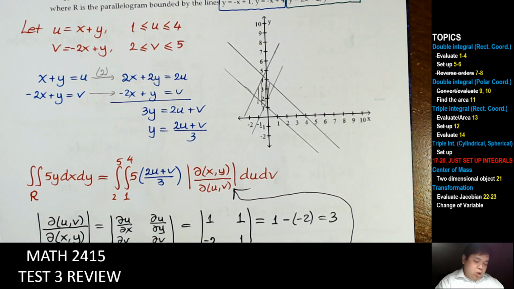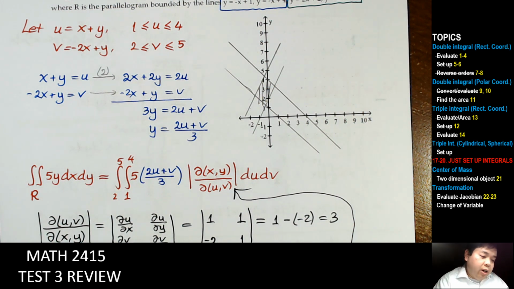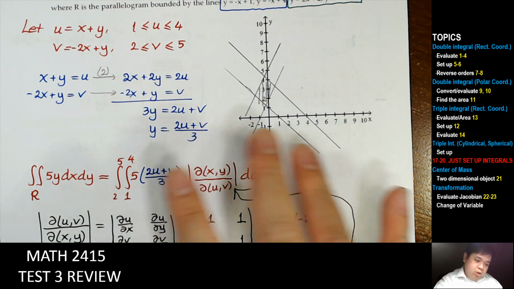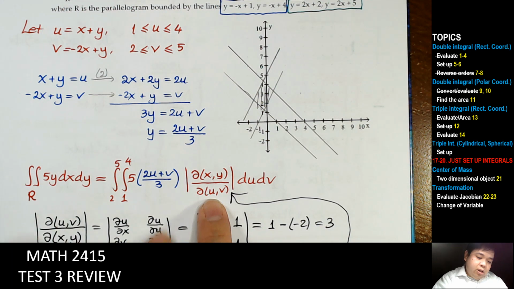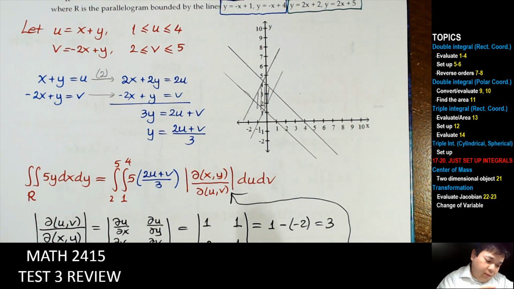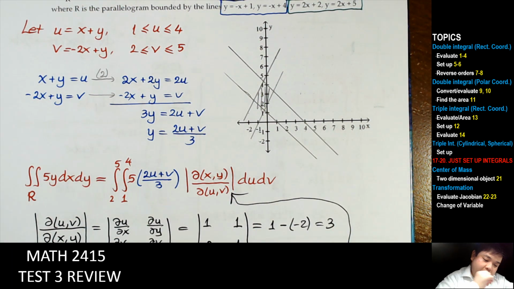Right, so that's good there. U from 1 to 4, it's good. V from 2 to 5, that's good. The integral, right? The Jacobian here.